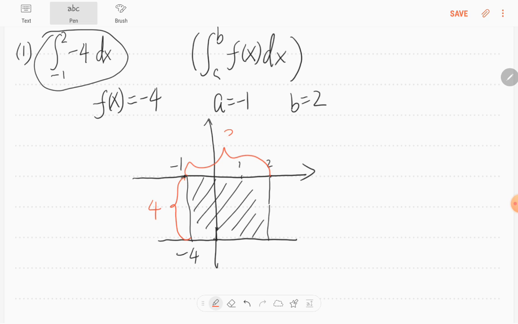How many units do you have? 3 units. So the area for this rectangle is 4 times 3 equals 12. But this region is below the x-axis, so we give the sign, which is -12. So this integral is equal to -12.